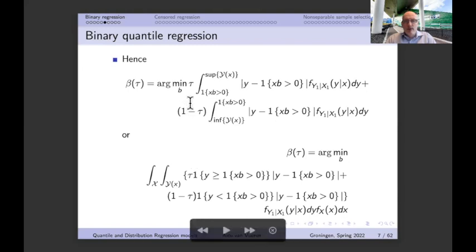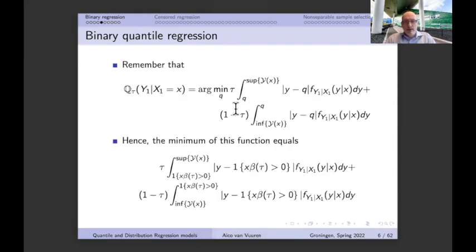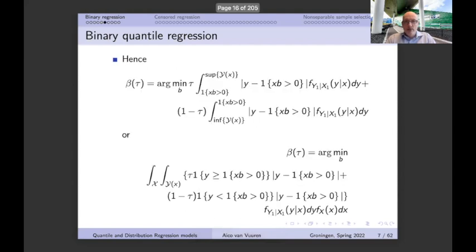You can also realize that beta tau is now going to be the argument that is going to minimize this function, because if we minimize this function and then substitute it in on the previous slide, then we also get the minimum outcome with respect to that particular function. So therefore we can also write it in the way that I have it over here. Now what we can do is use tricks like what we have already seen before.